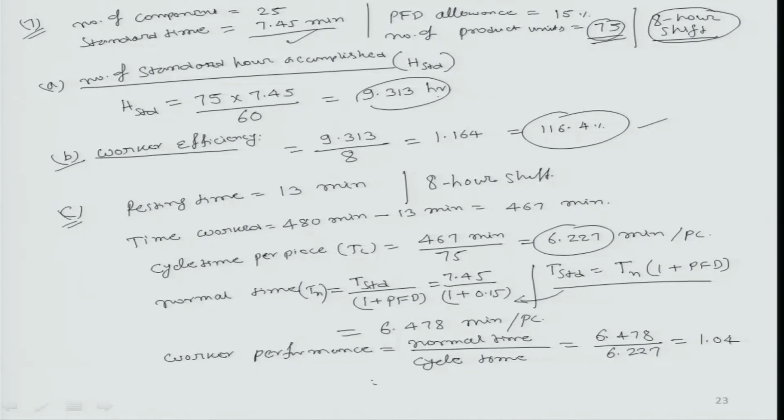If you want to convert it into a percentage, we have to multiply this by 100, so it will be 104%. Okay, so from this question you can see that the worker performance has increased by 4%, given the standard time of 7.45 minutes.